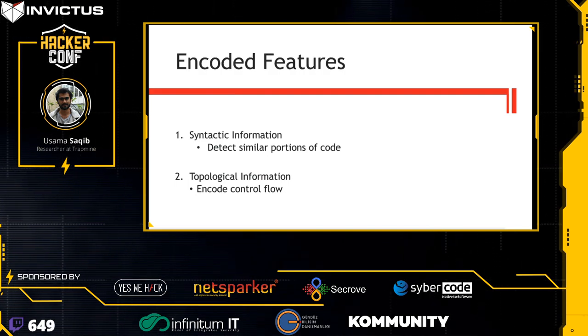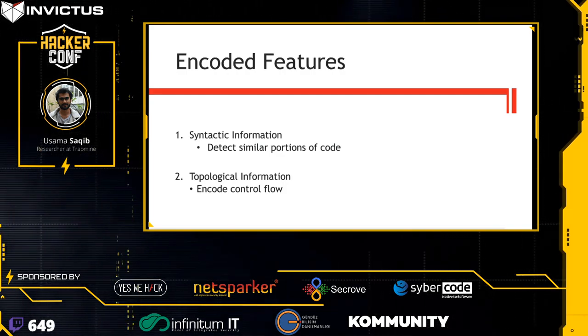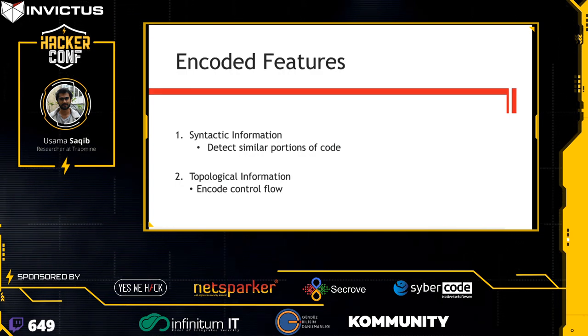So, if we're going to be comparing anything, we have to begin by defining how we will compare. For our case, we compare across two features. The first is the syntactic information. This is basically what kinds of instructions are inside the binary. Note that this feature does not understand what the instruction itself means, but only looks at if it is present.